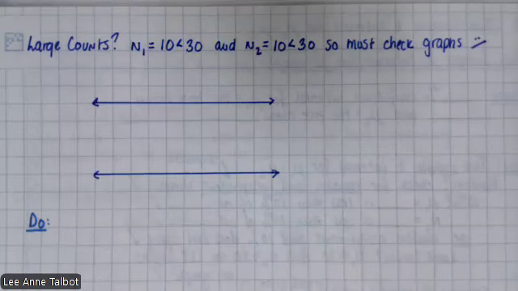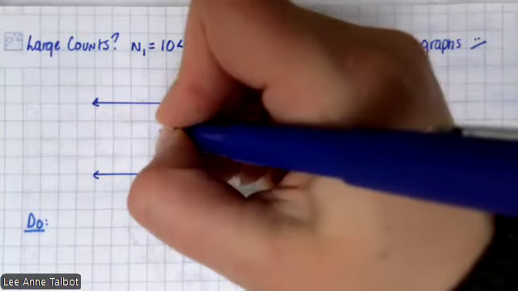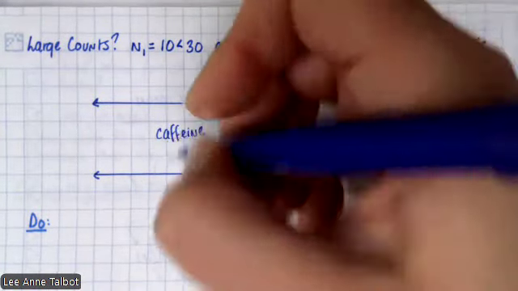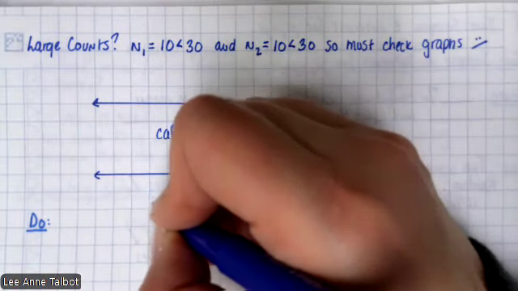Okay, so my x-axis for the top one is going to be caffeine. And my bottom one is going to be no caffeine.